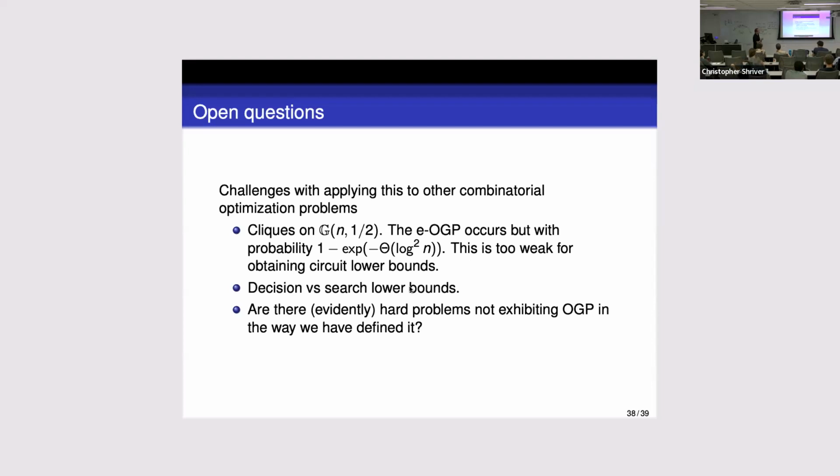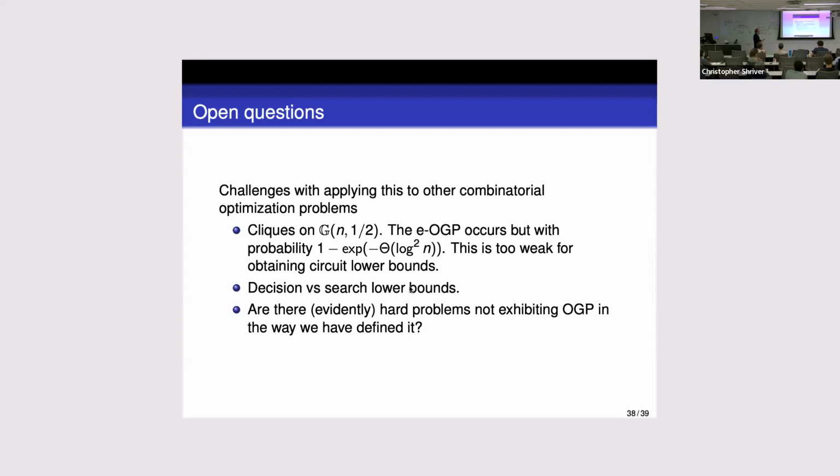We can't do that. We only did it for sparse random graphs because for dense random graphs, the exception event, for the OGP not to happen, is rare, but it's not too rare. Its exception probability is not sufficiently small for the circuit bound to kick in. So that was a failure.